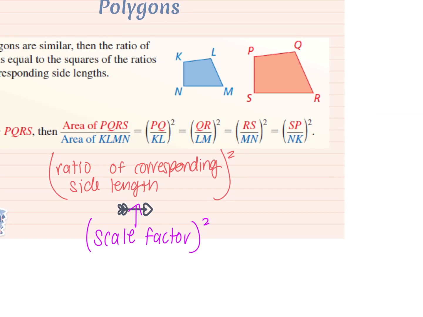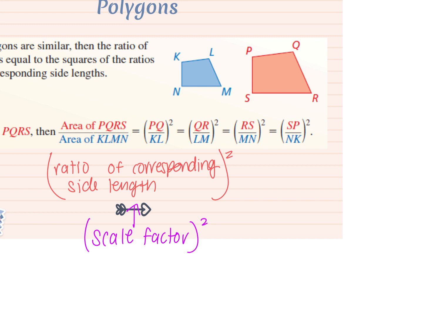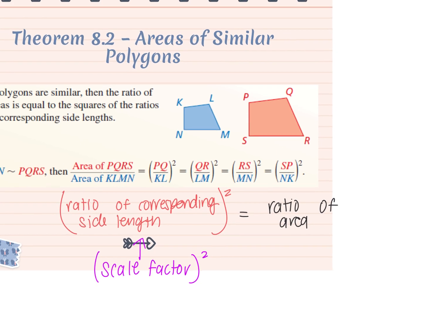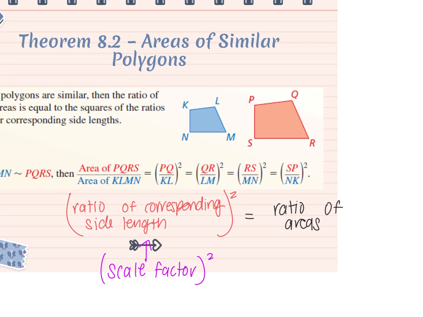Keep in mind we're still dealing with ratios. So once you square it, it's going to equal your ratio. You still have a ratio of the areas. So when you're looking at it, you're going to have two ratios.